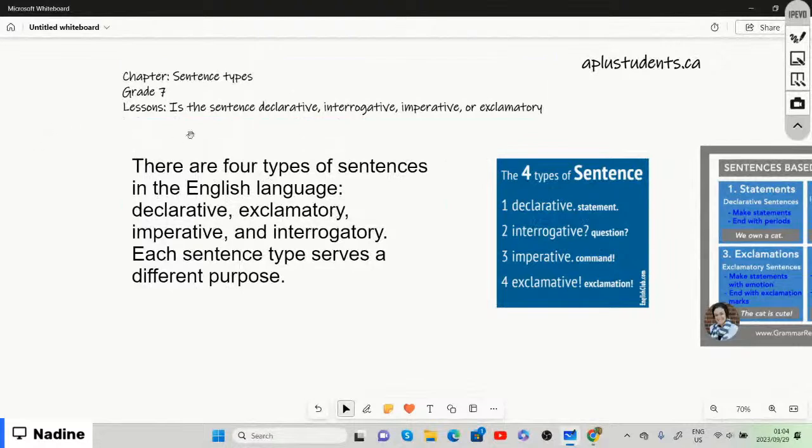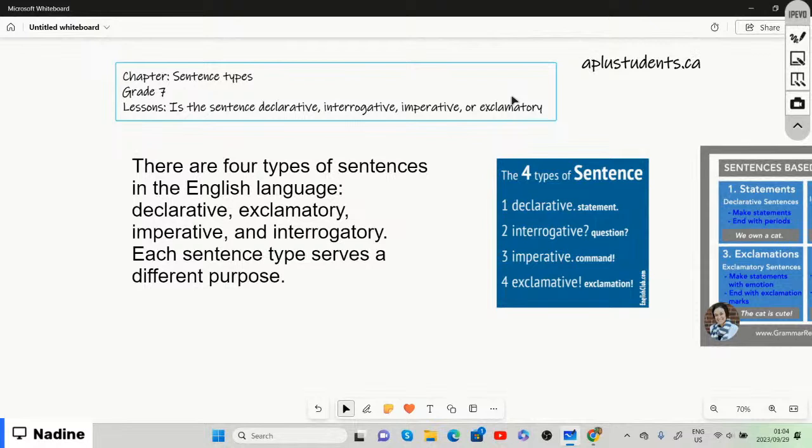And when it comes to the heading of that lesson, there are 4 types of sentences within the English language.